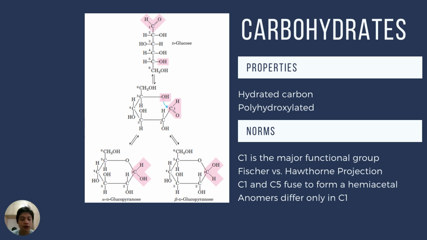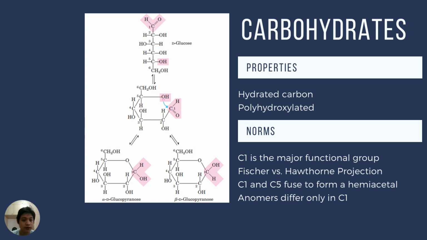But direct your attention now on the image at the bottom. You see here that it's still glucose yung nasa gitna. It's the same molecule, but it is projected in a different way. And this projection, the ring projection, is what we call the Haworth projection. Okay? So fishbone, Fischer, ring projection, Haworth projection.